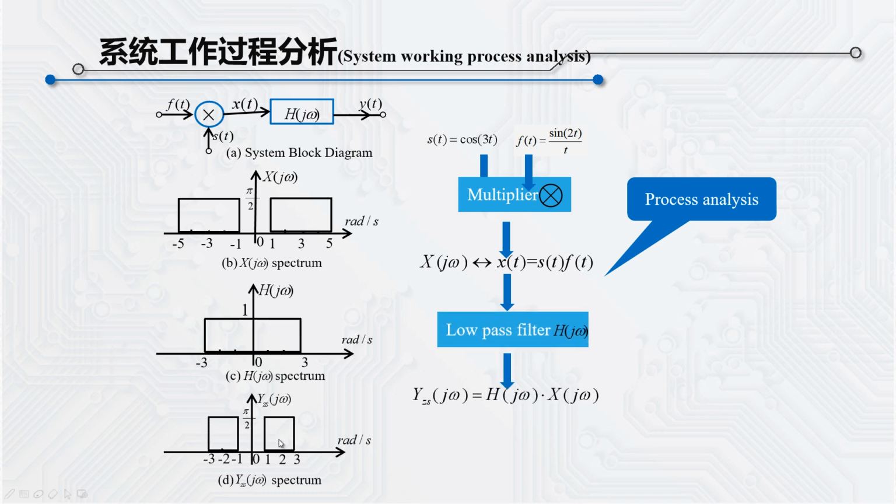From this spectrum, we can find that through such a low-pass filter, signals whose frequency is higher than 3 and signals whose frequency is lower than minus 3 are filtered out. Therefore, we can get the spectrum of the system's output Y_zs(j omega). If you want to analyze the output of this system in time domain, you only need to take the inverse Fourier transform of Y_zs(j omega) directly.